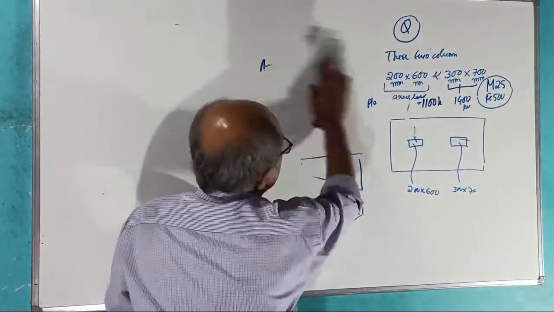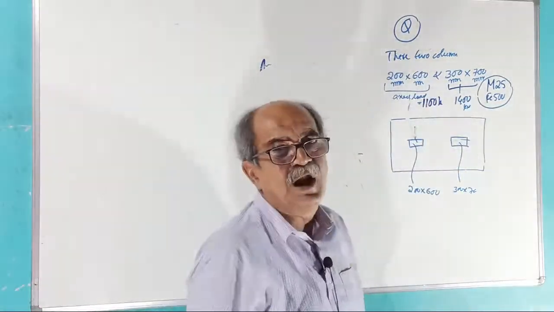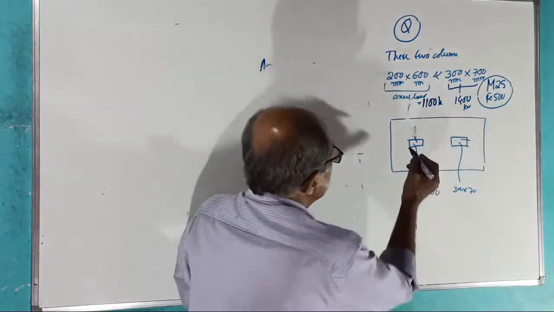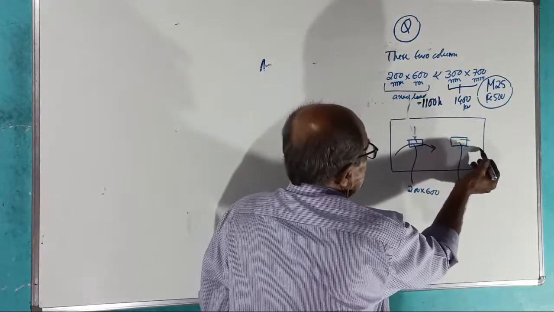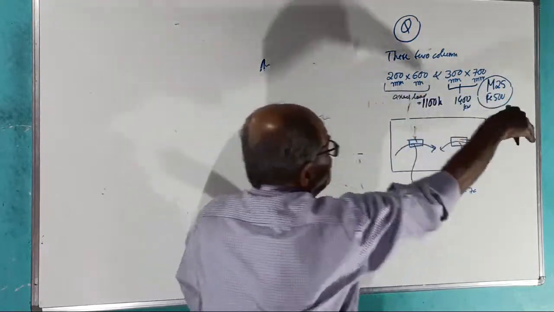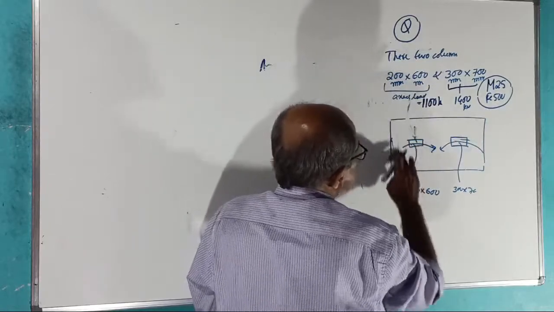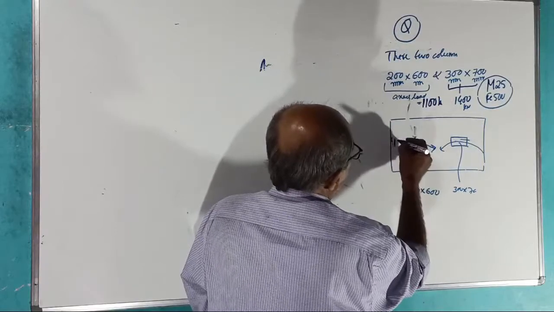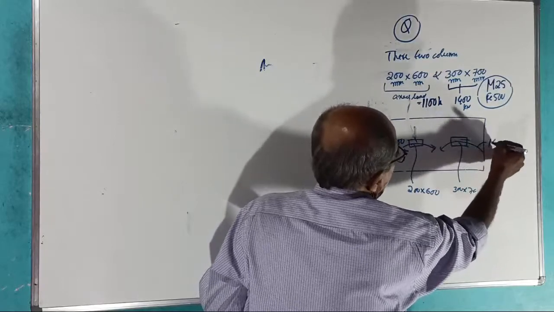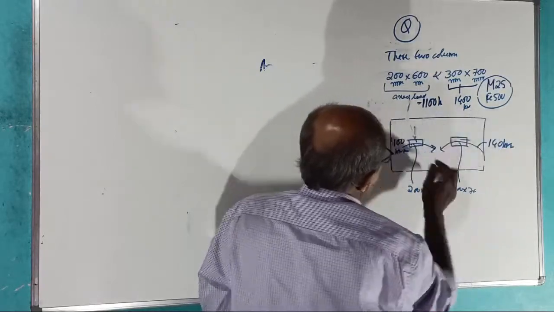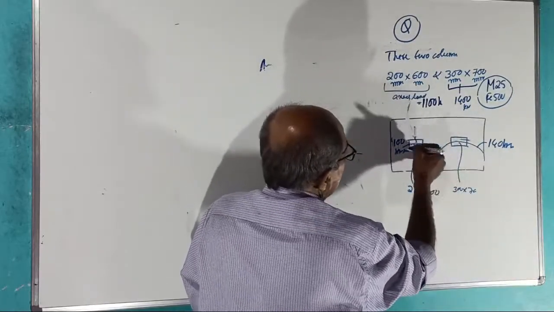Okay, now further, see, the question. This column load is 1100, that column load is 1400. Further, this column has a moment like this. Clockwise I will write, here I will write anti-clockwise. This is 80 kilonewton, this is 100 kilonewton meter here, and here 140 kilonewton meter this way, and load 1100, and also here clockwise.